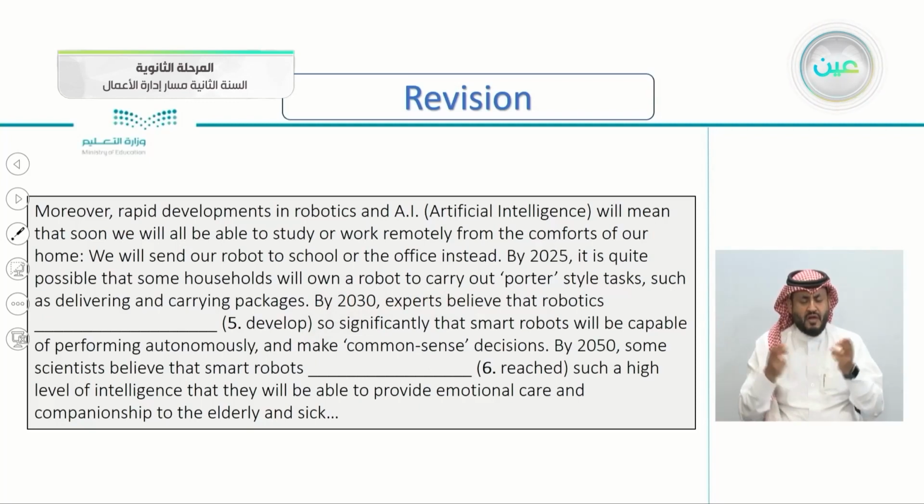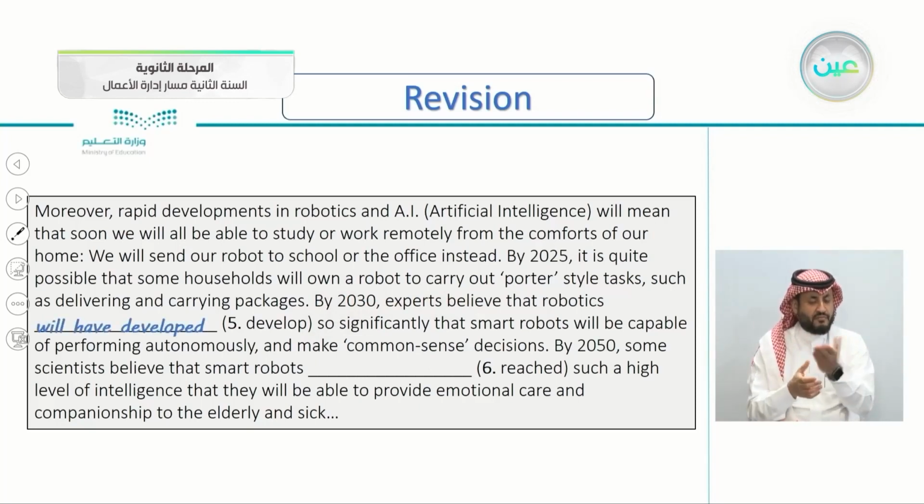So we're talking about two events here, two things. So we use the future perfect because we have two events here. By 2030, this is the first one. The second one, experts believe that robotics will have developed so significantly that smart robots will be capable of performing autonomously and making common sense decisions.